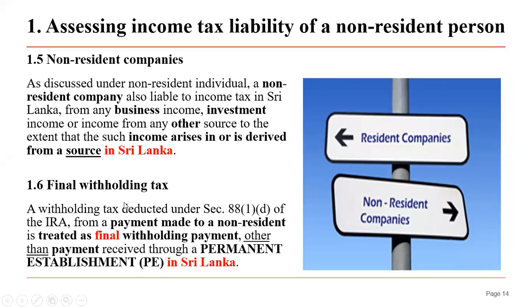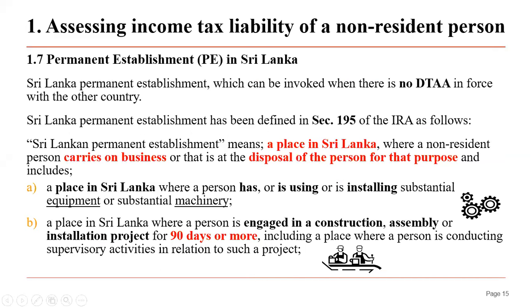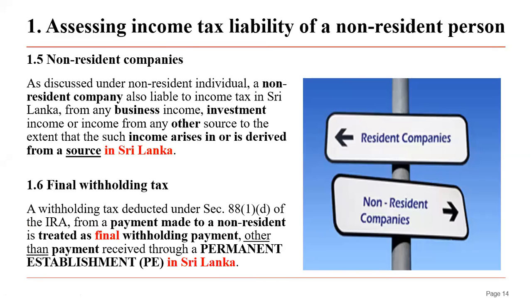Yesterday we stopped at how to recognize the final withholding tax payment, basically final withholding tax payment under Section 88(1)(d). If you are going to make a payment to a non-resident, then we call it a final withholding payment.